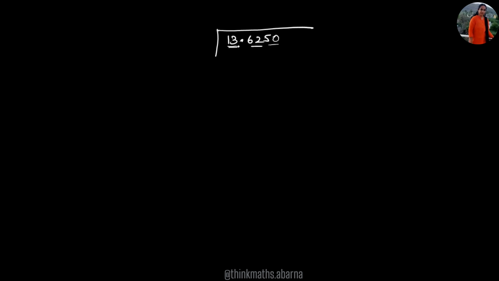So whose square will be less than 13? 3 threes are 9, 4 fours are 16. So 3 threes are 9 is lesser. So write 9 here. Now 13 minus 9 is 4. Bring this 62 down. As we took the number after the decimal, put a point here. Now add this 3 and 3. 3 plus 3 is 6.